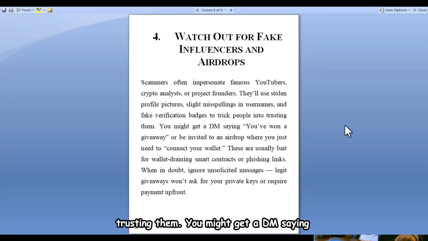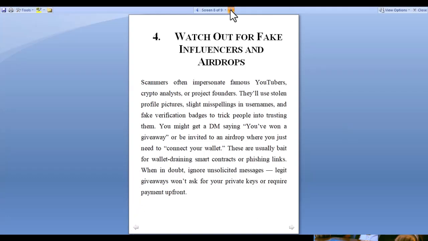You might get a DM saying you've won a giveaway or be invited to an airdrop where you just need to connect your wallet. These are usually bait for wallet draining smart contracts or phishing links. So when in doubt, ignore unsolicited messages. Legit giveaways won't ask for your private key or require payments up front. So now let's go to the next one.